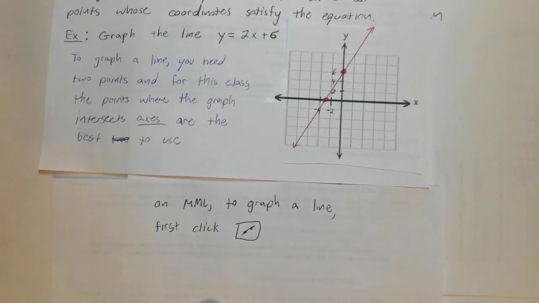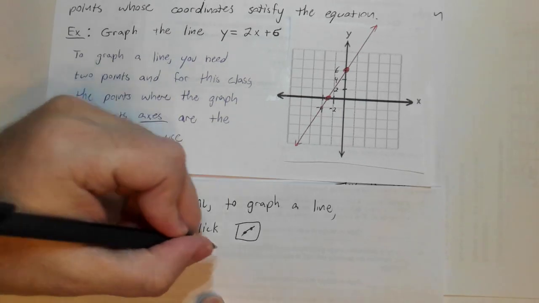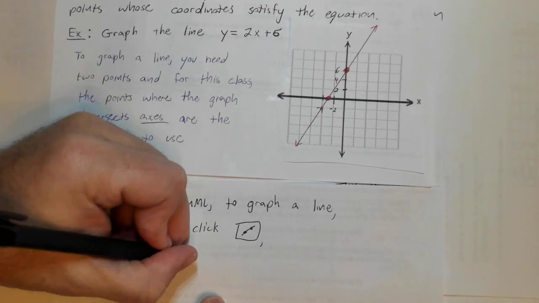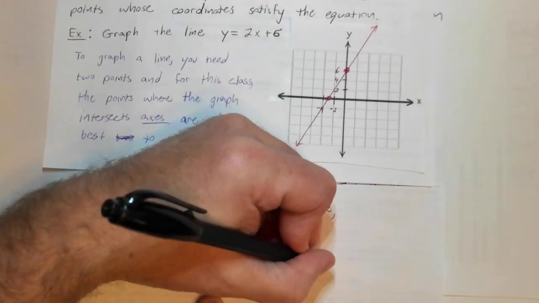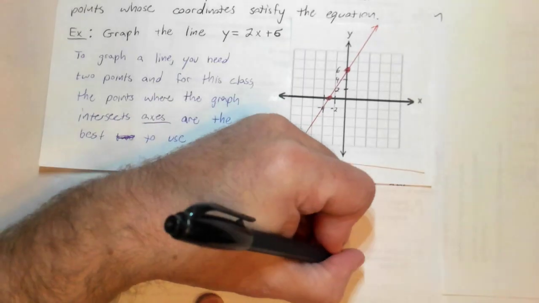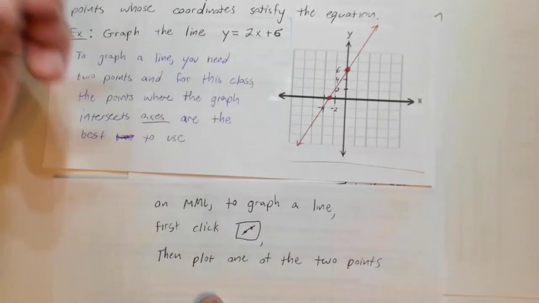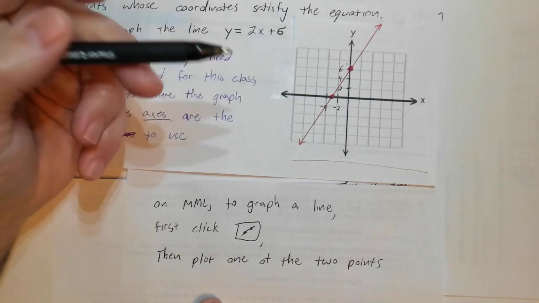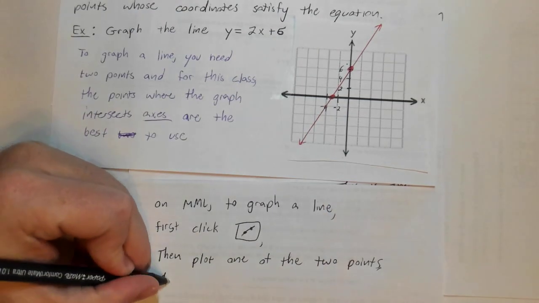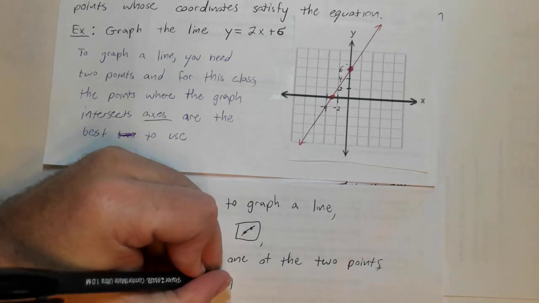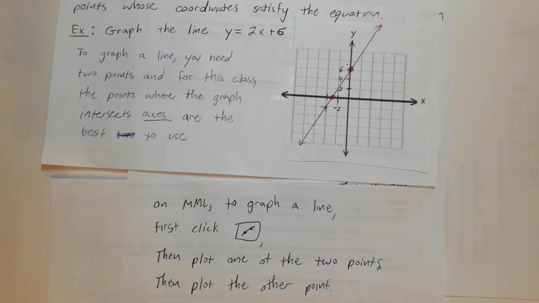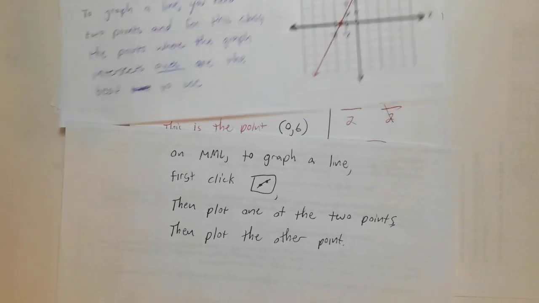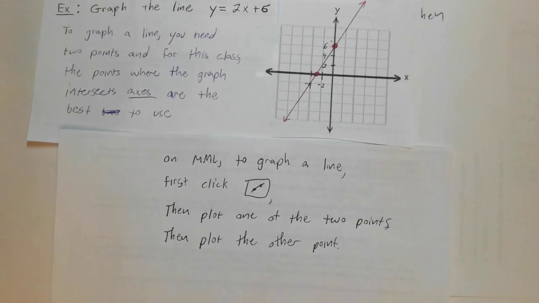You do that, then plot one of the 2 points. So I would click (0, 6), then plot the other. It's pretty straightforward, I've noticed, but in case you were wondering, that's how we're going to do it.